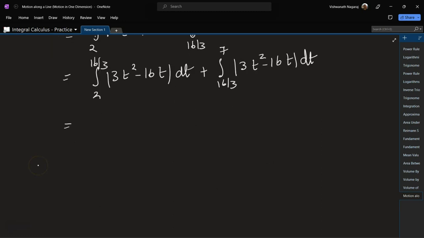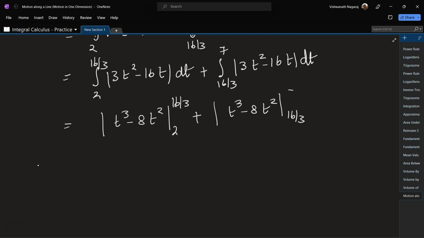Okay, so now this would be, let's write it as absolute value itself, absolute value of 3t cube by 3, that is t cube, minus 16t square by 2, that is 8t square, from 2 to 16 by 3, plus t cube minus 8t square from 16 by 3 to 7.